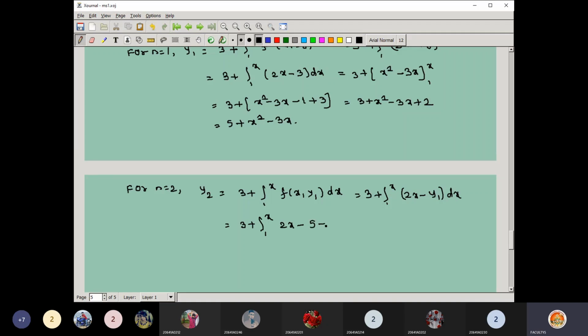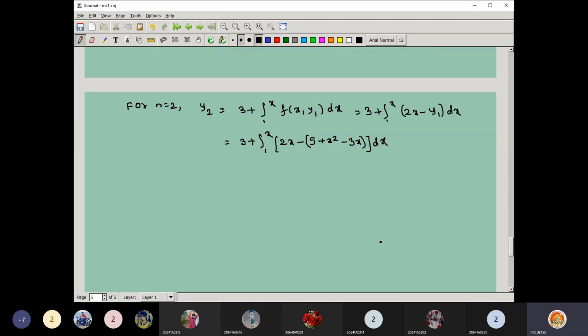So it is 5 plus x square minus 3x. అక్కడ వచ్చిన y1 ని అక్కడ సబ్స్టిట్యూట్ చేస్తున్నారు. ఎప్పుడైనా కానీ సింప్లిఫై చేసిన తర్వాతనే ఇంటిగ్రేషన్లోకి వెళ్ళాలి. సో ఇట్ ఈస్ 3 ప్లస్ ఇంటిగ్రల్ 1 to x. So 2x minus into minus plus 3x is there. So it becomes 5x minus 5 minus x square.